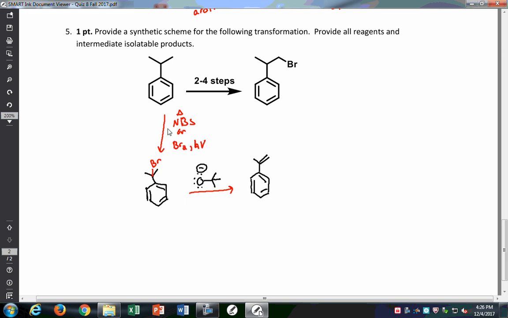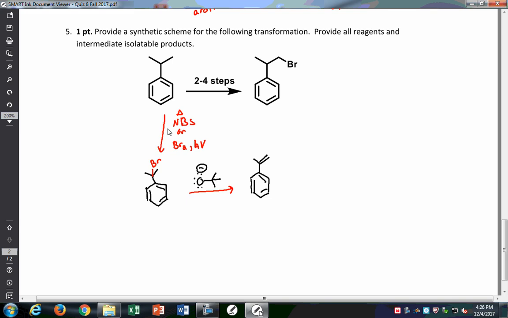The reason the bigger base is better is that way we can make sure that we're not getting any SN2 possible. It's unlikely because it's tertiary, but just to make sure we can use a bigger base. But you wouldn't be wrong if you use the ethoxide or even methoxide here, but that can really help drive the reaction forward if we don't have any possibility of any substitution occurring.